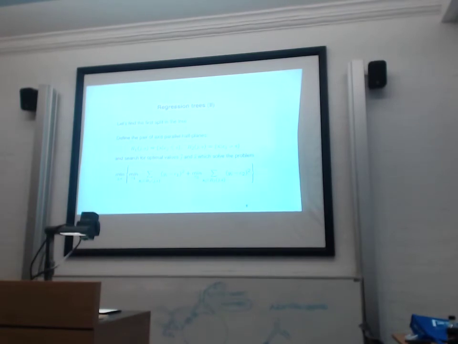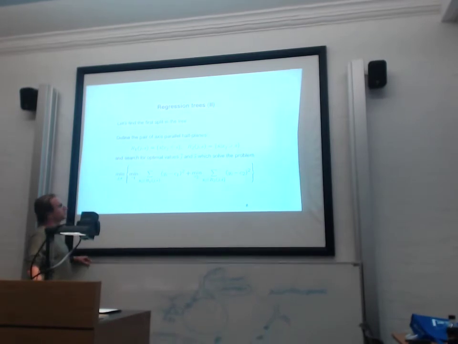So what you can imagine we can do, for each potential axis, is define a pair of axis parallel half planes. Let me describe what this is pictorially.